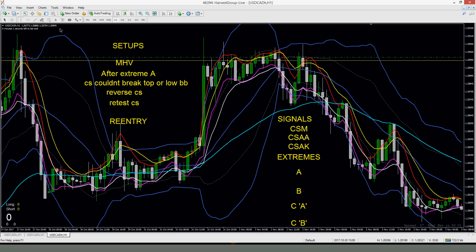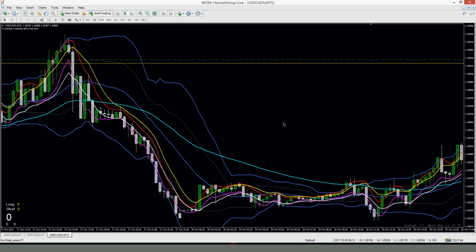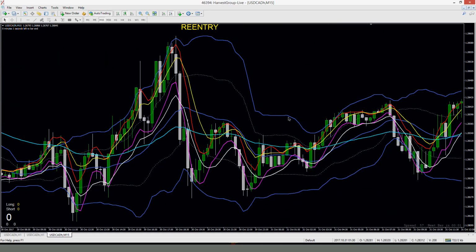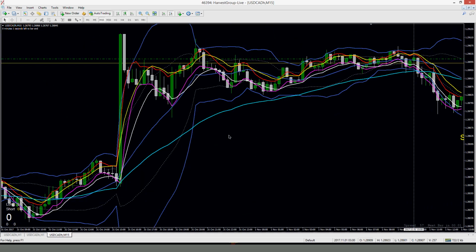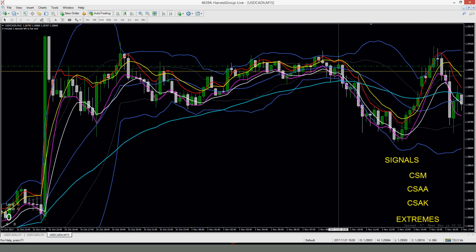What you need to check is you have to mark it like this, and go to a lower time frame to make sure that there is candlestick momentum. Over here on this mark you have a candlestick momentum, because you have top and low BB pointing upwards and downwards.